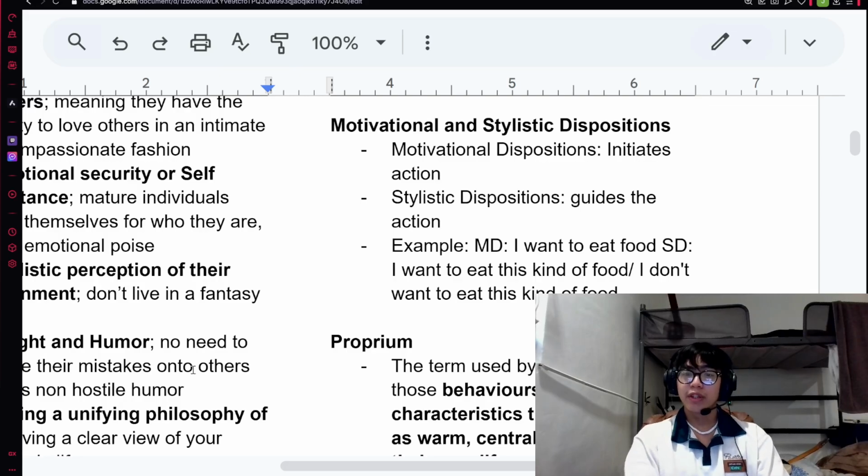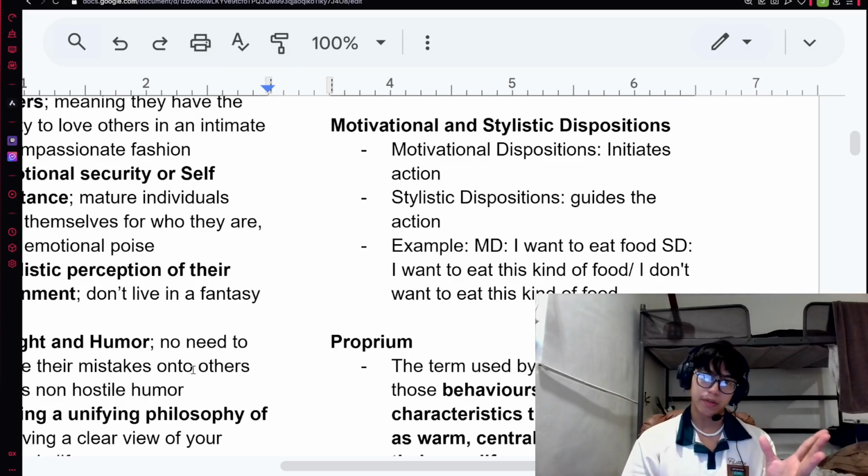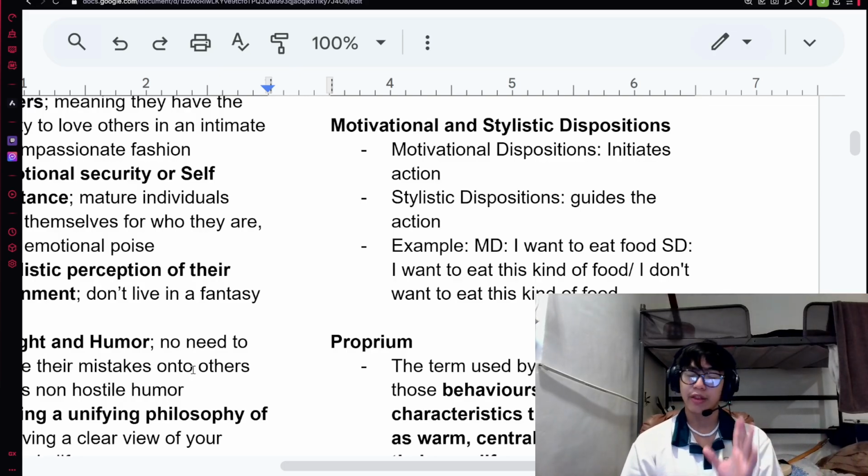Next is motivational and stylistic dispositions. So this is kind of my favorite part of the theory because it makes sense, or it's easier to understand. Motivational dispositions basically initiate action, and stylistic dispositions guide the action. To put it simply, motivational disposition is basically what you want to do.